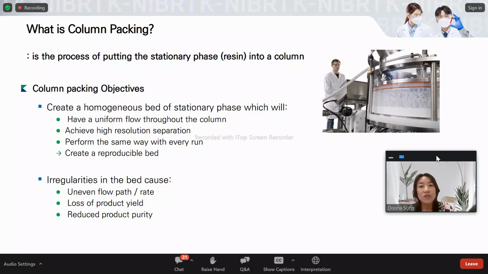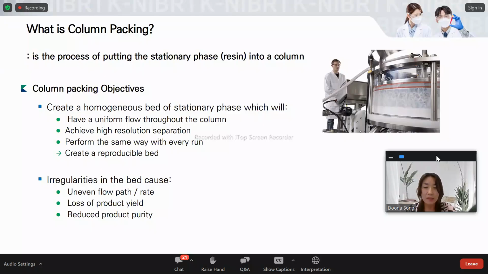A homogeneous bed makes for uniform flow. This bed ensures that the flow is even throughout the column. And this homogeneous bed can achieve high resolution separation, making high quality separation of the components possible. And then consistent performance: the column should perform the same way with every run.